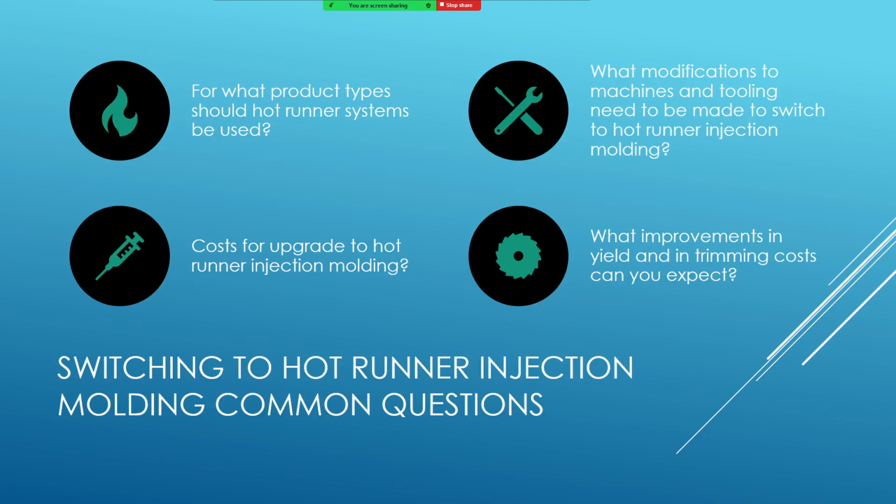So why should you make the switch from cold runner injection molding to hot runner injection molding? Some common questions would be, what product types should use hot runner systems? For these product types and specifications, products that are very complex or have high volumes, or orders that call for large quantities, it would be more effective to use hot runner machines because they have very fast cycle times, which allow them to create very large quantities of parts.